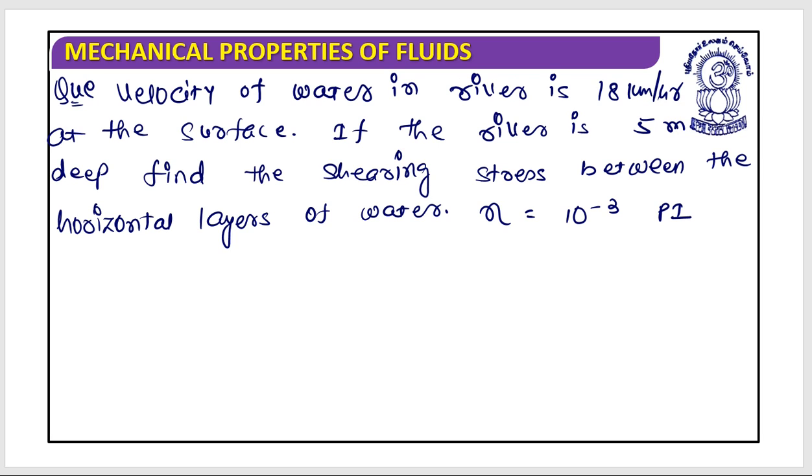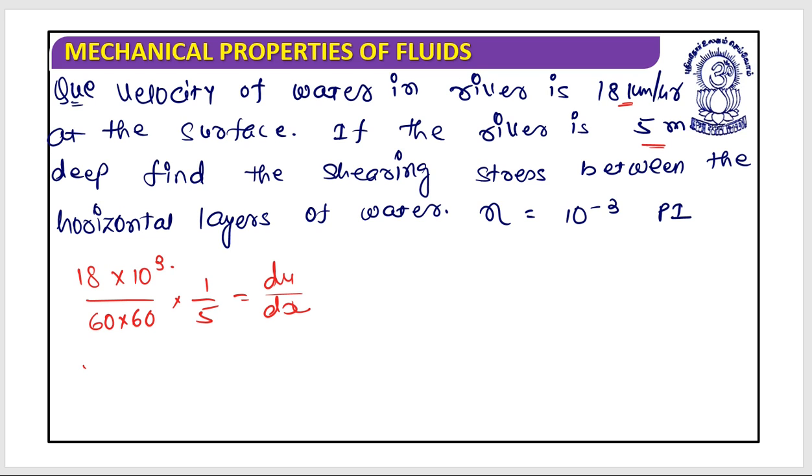So what is given? He has given that the velocity of water in the river is 18 kilometer per hour, and the river is 5 meter deep. So 18 kilometer per hour is 18 into 10 to the power 3 divided by 60 into 60, and divided by 5 meter depth, this is equal to dV by dx.